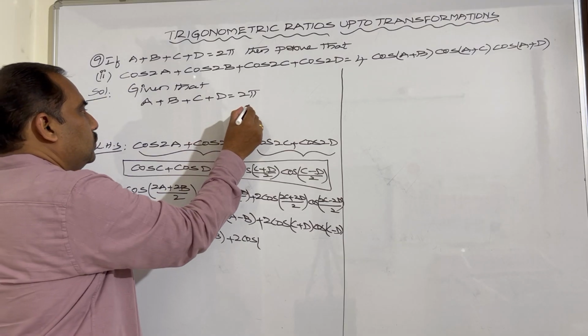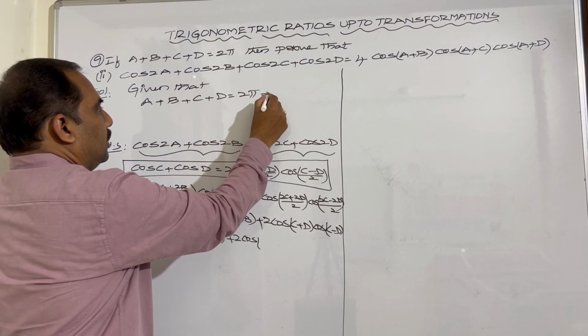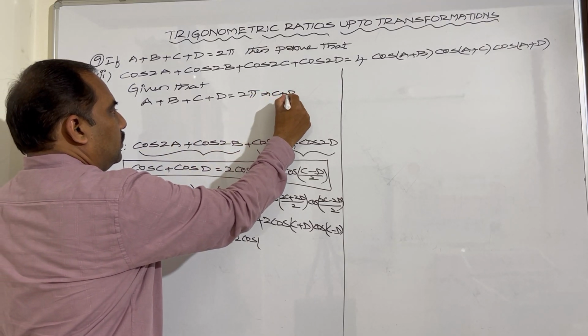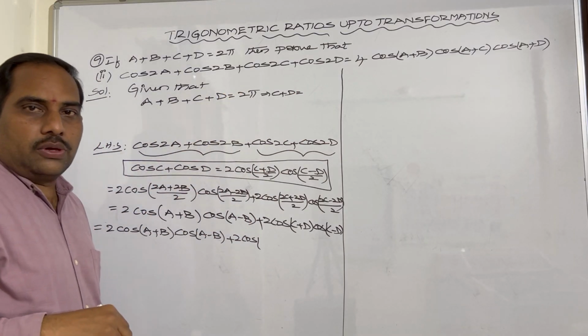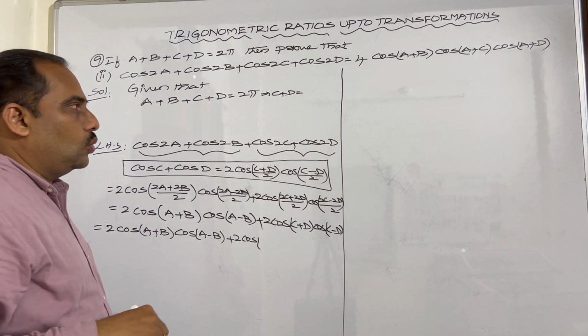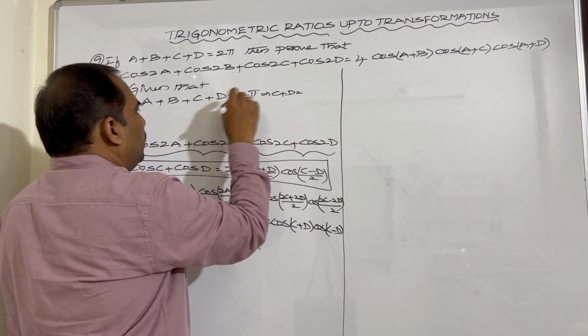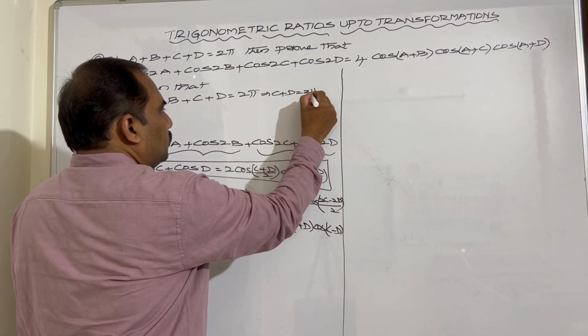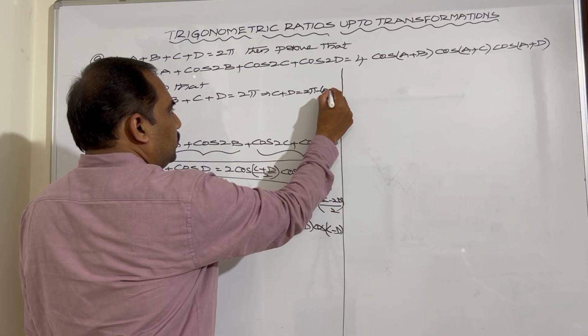From the condition, we have a plus b plus c plus d is equal to 2 pi. So c plus d is equal to 2 pi minus of a plus b.